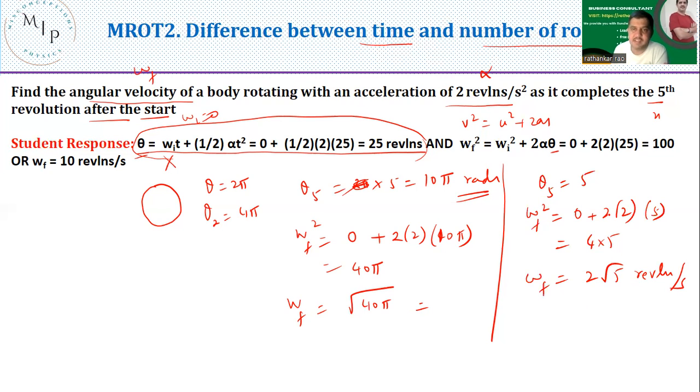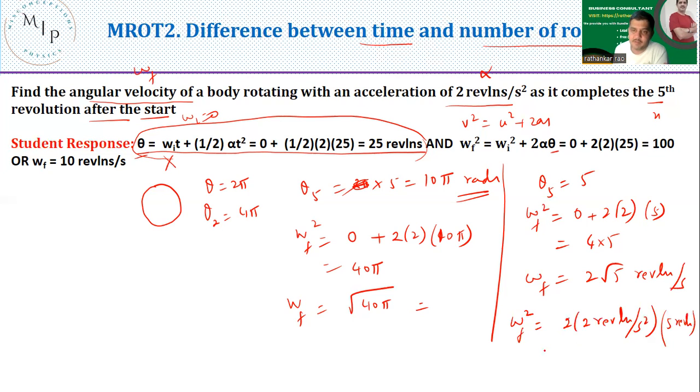If you want, you can just plug in the values also here. This is 2 revolution per second square multiplied by 5 revolutions. It will be revolution square per second square, right? I don't know whether you are getting it or not. Omega f square, the unit I am saying, will be 2 into 2 revolution per second square, and for theta I'll write 5 revolution.